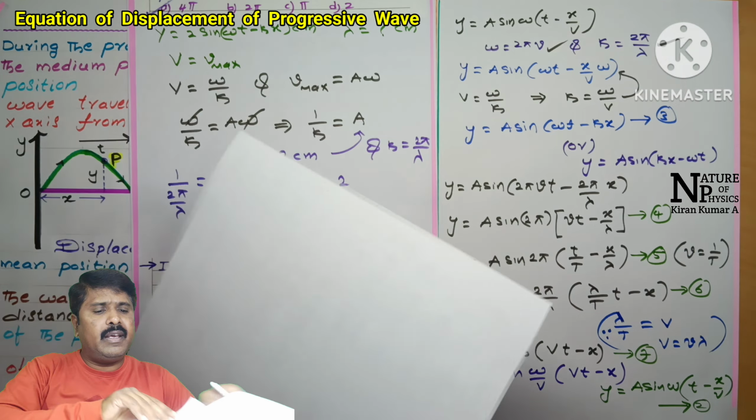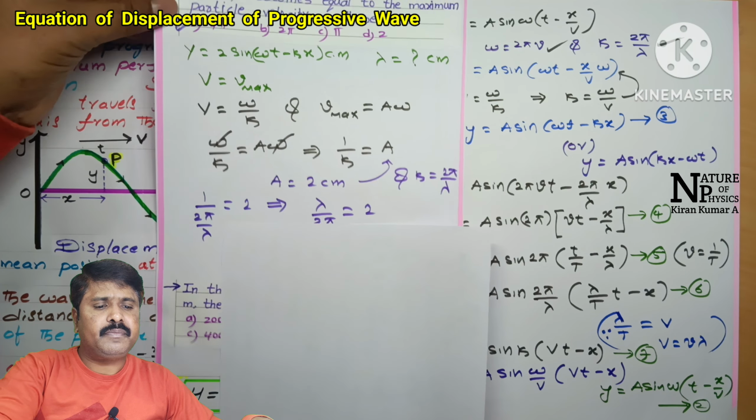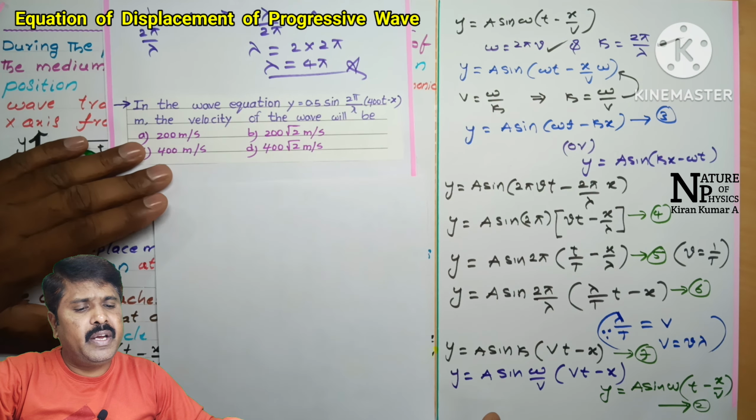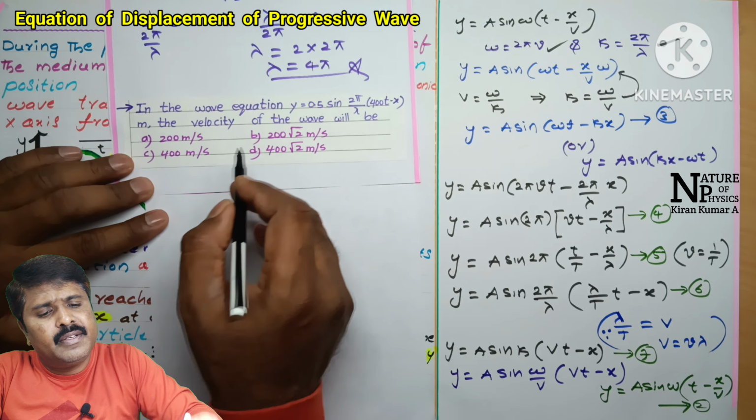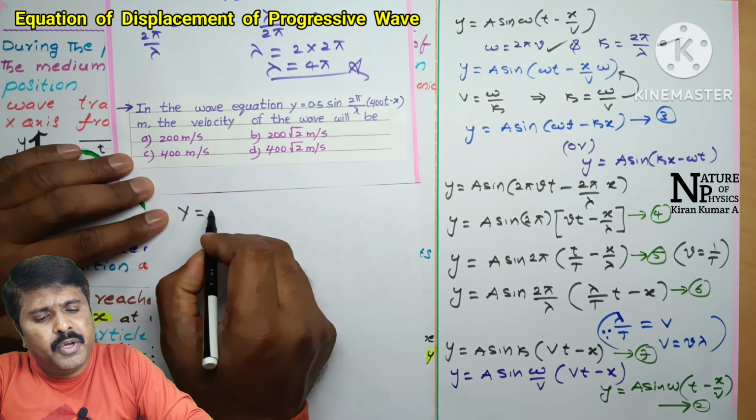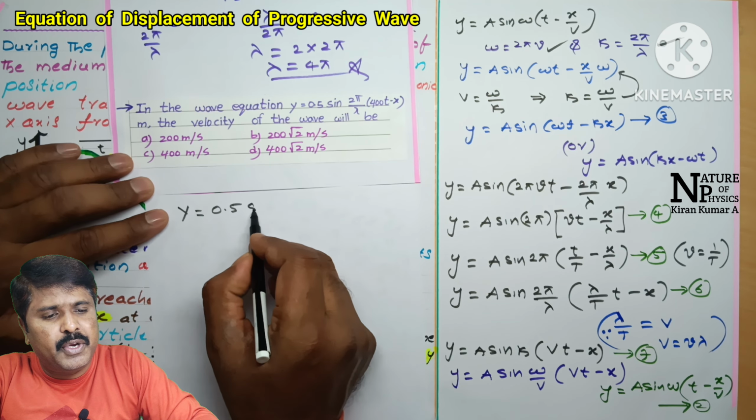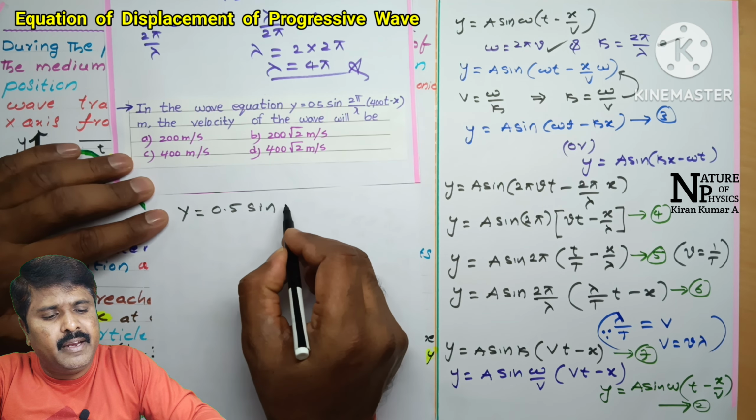So for this question, y is equal to 0.5 as amplitude, sine 2 pi divided by lambda into 400 t minus x.